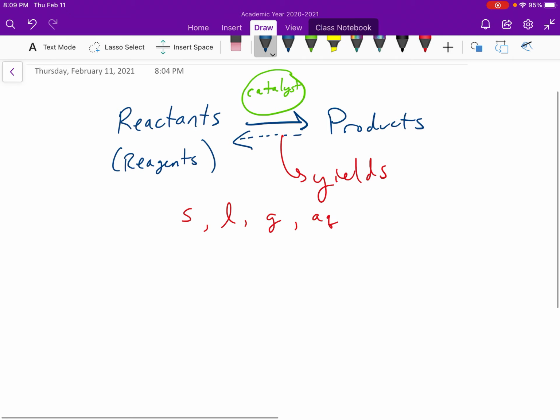So, let's give an example. Hydrogen gas plus oxygen gas gives us water. This is called the fuel cell reaction. This is incredibly energetic.